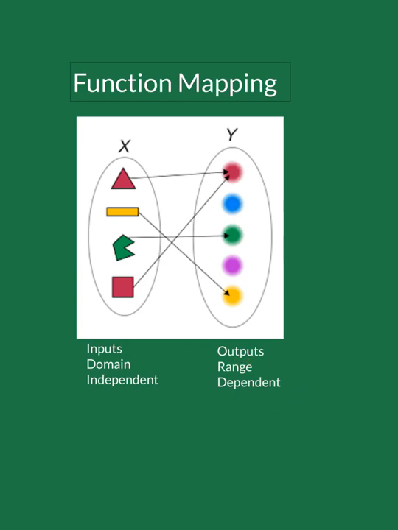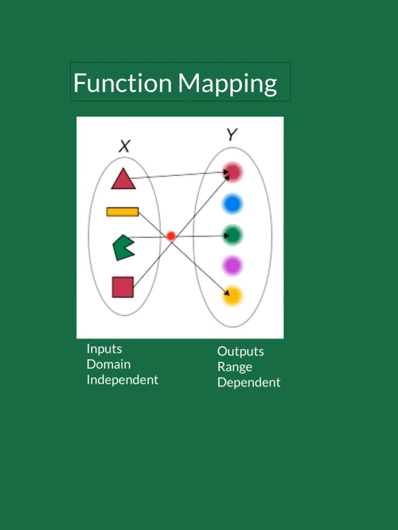Now let's take a look at this example. This is a non-number example. And it looks like all we have to do is match colors. So we have to ask ourselves, does each input go to exactly one output? Well, let's check the red. The red only goes to the red. The yellow only goes to the yellow.